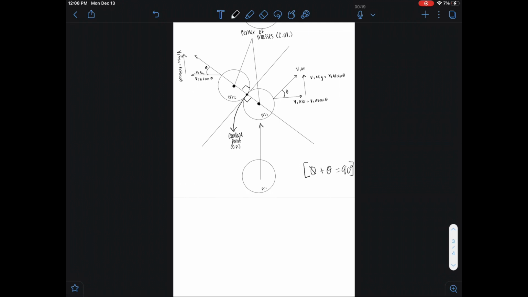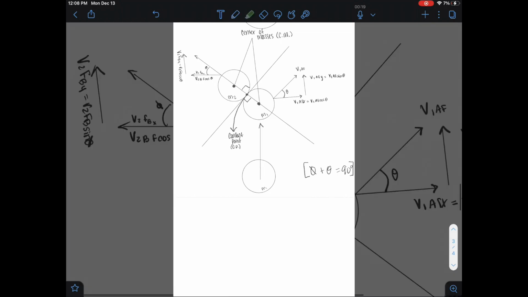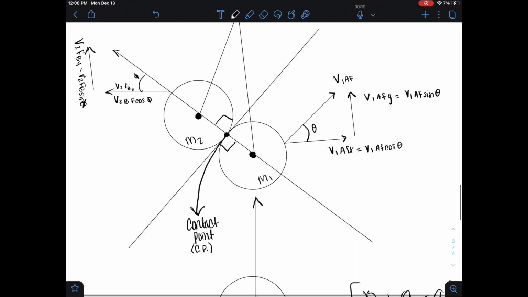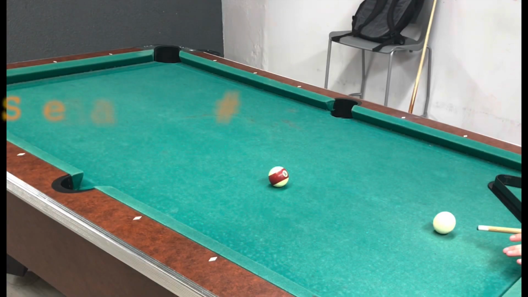The next equation we can look at to prove that Newton's 3 laws of motion and elastic collisions all apply to these cases is the fact that both angles made by m1 and m2 add up to 90 degrees after an elastic collision occurs between the two.